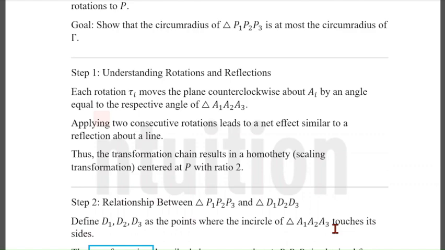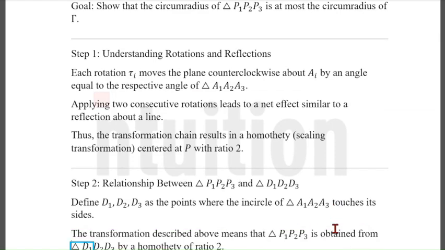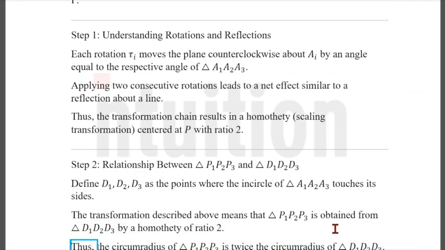The transformation described above means that P_1, P_2, P_3 is obtained from D_1, D_2, D_3 by a homothety of ratio 2. Thus, the circumradius of P_1, P_2, P_3 is twice the circumradius of D_1, D_2, D_3.